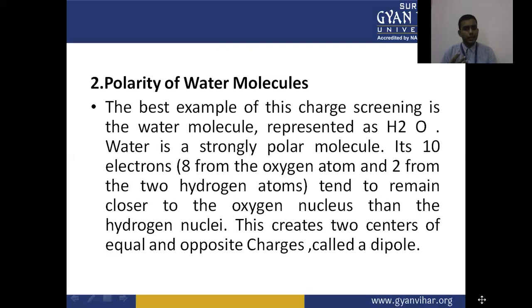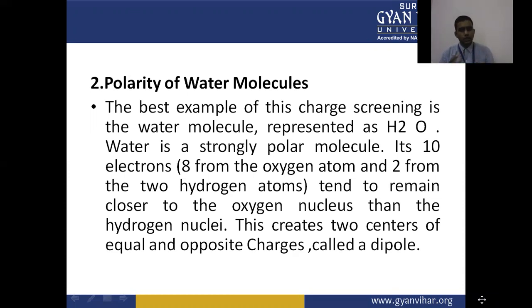It has 10 electrons, 8 from the oxygen and 2 from the hydrogens, two atoms from hydrogen and one from oxygen. The total 10 electrons tend to remain closer to the oxygen nucleus than the hydrogen nuclei. This creates two centers of equal and opposite charges called a dipole.